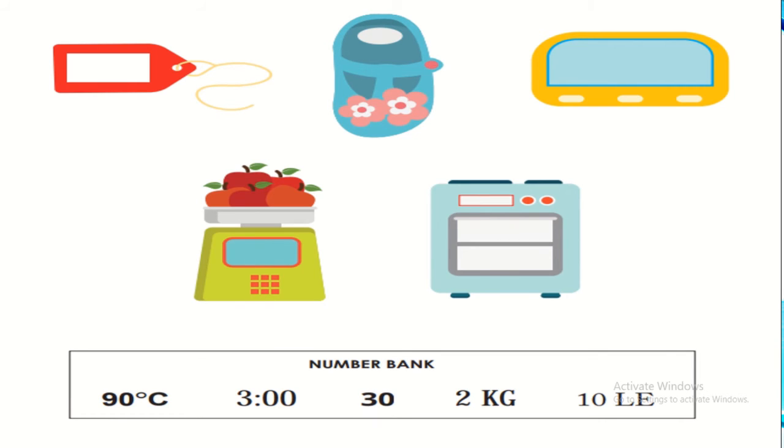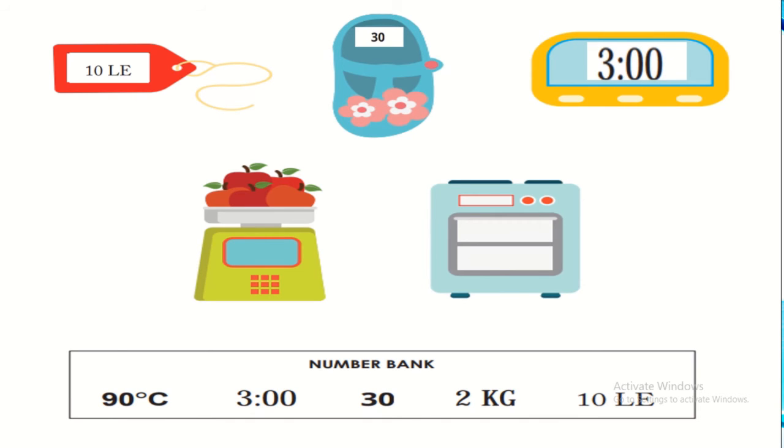Now, let's put the numbers in the right places. I said that the first picture represents a price tag, so the answer will be 10 LE. The second picture represents a shoe, and I need to know the size of the shoe. So the answer will be 30. The third picture represents a clock, and time appears on it, so the answer will be 3 o'clock.